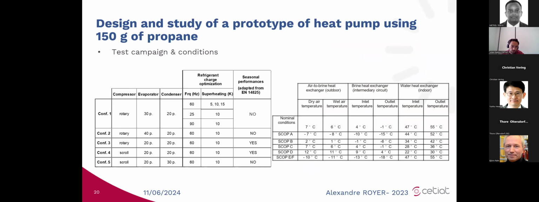There were two compressors chosen. First, a rotary compressor, and then a scroll one. There was also the idea to use an automotive compressor, so a really small one designed to be used in cars, but in the end the performance wasn't that good, and I think we also had some issue to control it properly.